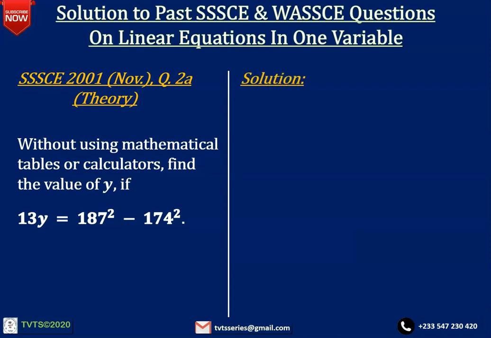Solution. We are given the equation 13y is equal to 187 squared minus 174 squared. And we are to find the value of y without using any calculator.